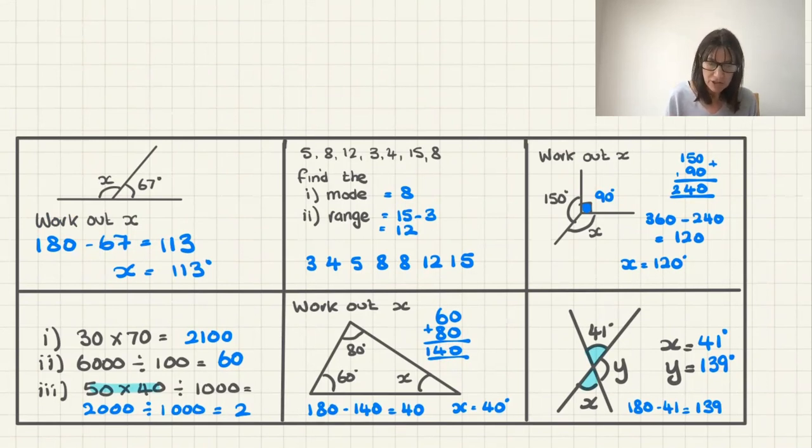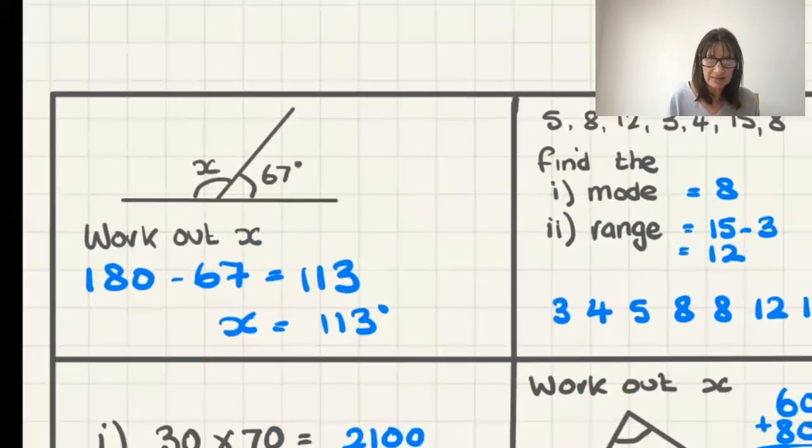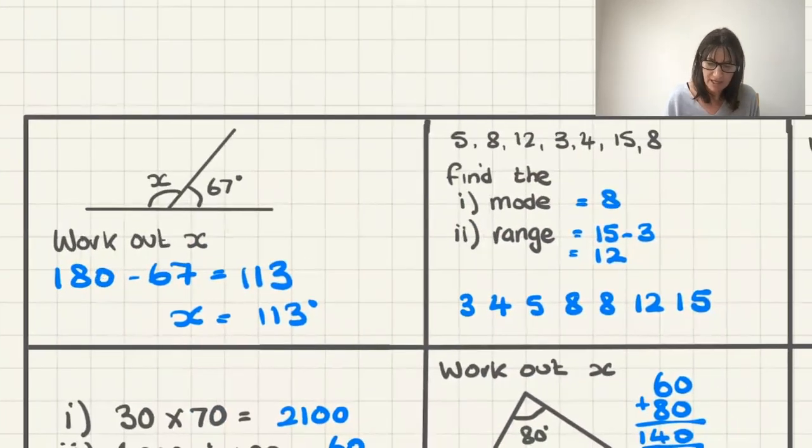Okay, so let's just zoom in a little bit and talk about why I've done what I've done. In this question here, I've used the number 180, because I have the straight line and that half moon shape.